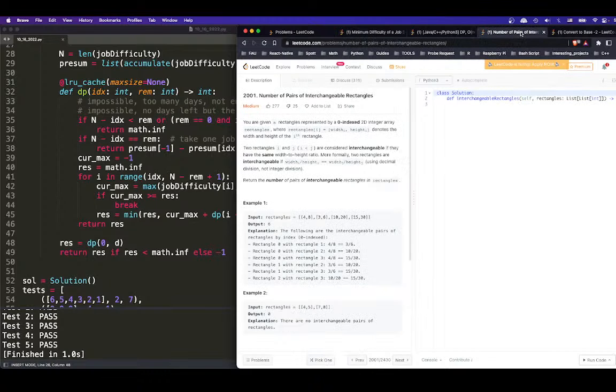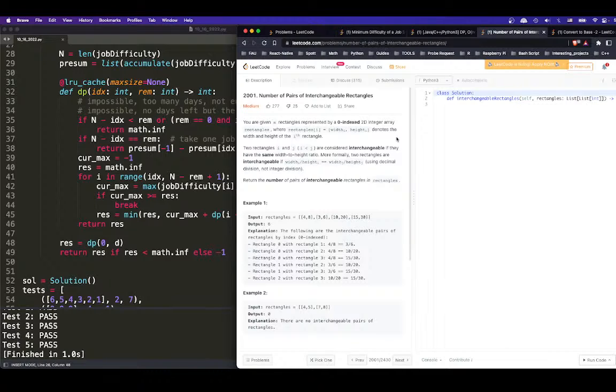Let's do this one. Number of pairs of interchangeable rectangles. You're given n rectangles represented by a zero-indexed 2D integer array of rectangles' width and height.